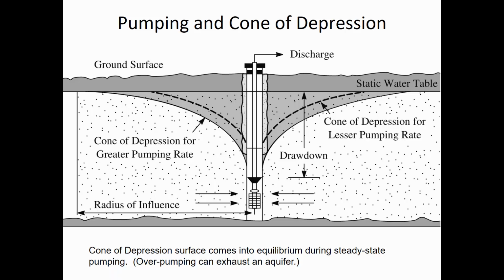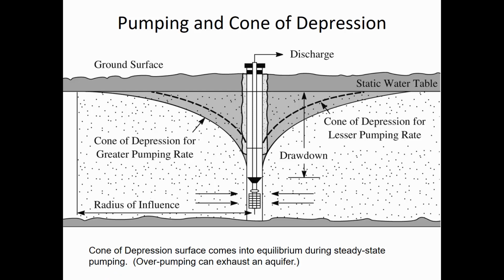So an unconfined aquifer doesn't have that layer of clay that is forcing the water to not rise. Here we actually have a free surface of water that depresses when we're extracting water from this production well. You can see that discharge means we're taking water from the screened section of the well, and water is moving radially from far away towards the well in all directions.